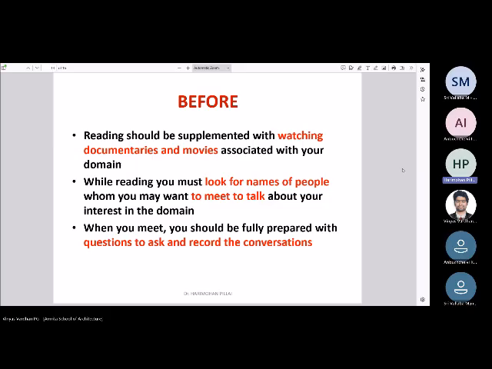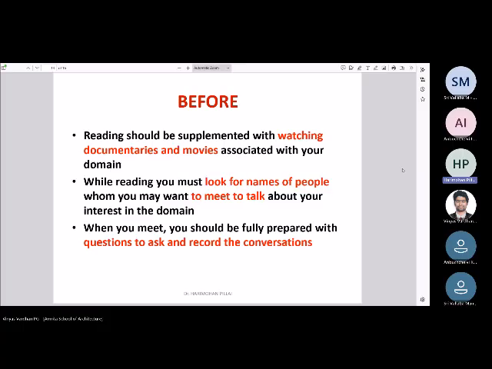But at the same time, we have had a continuous historical record keeping method of knowledge passing on from mouth to mouth, or mouth to ear, you can say. Guru talks, Shishya listens, so both have got the same knowledge acquired in both the brains. But then Shishya analyzes, comes out with something new, he passes on to his own Shishya and so on. So this can happen by watching documentaries and movies also.